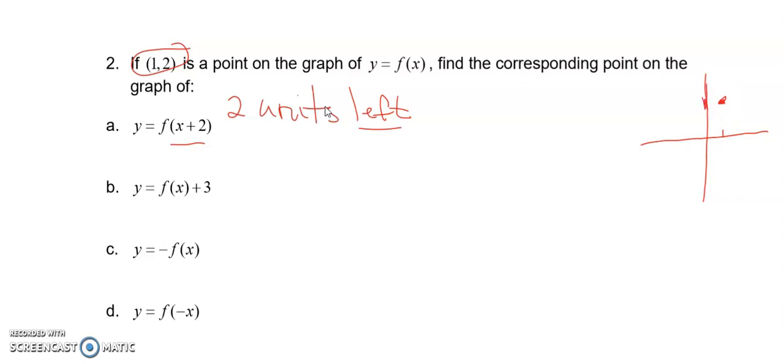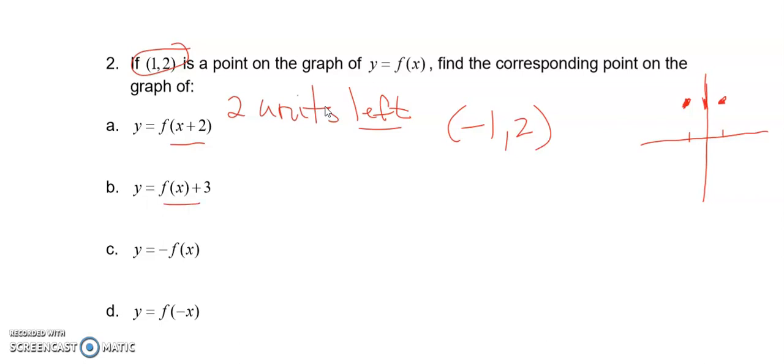Then it's on top of the y-axis. 1 more unit to the left puts it right there. So what's the coordinates of that point? Well, it becomes (negative 1, 2). Really, all you did, if it moves 2 units to the left, subtract 2 from the x-coordinate. If you were moving units to the right, you would add to the x-coordinate.